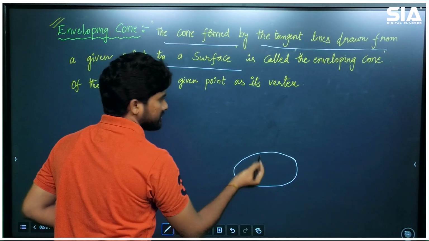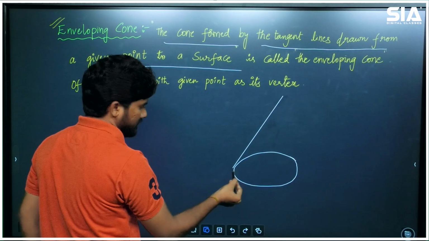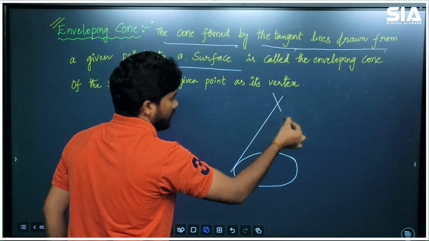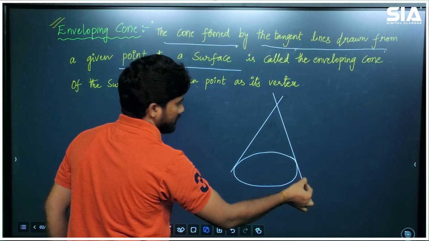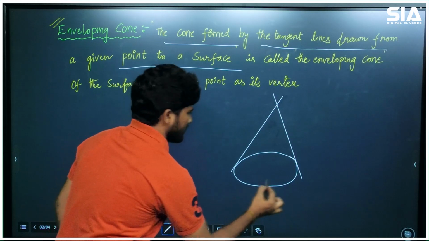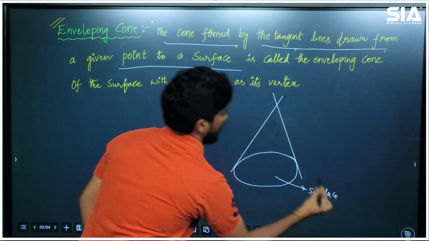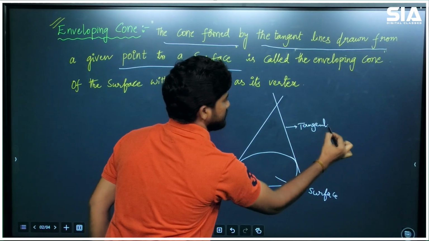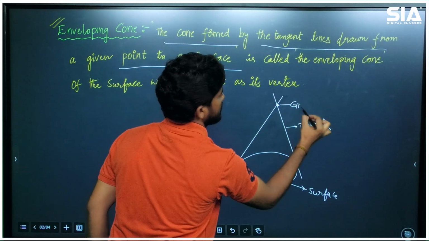If you take a surface and from a point take two tangents, this is one tangent and one more tangent I am taking here. So this is the given surface, and these are the two tangents, and this point is called the given point.